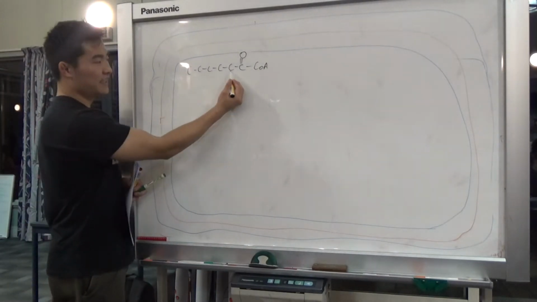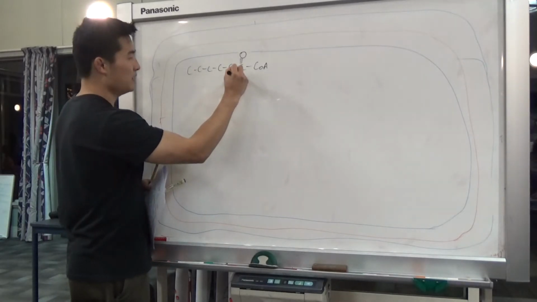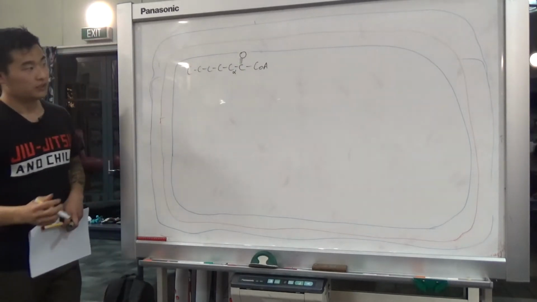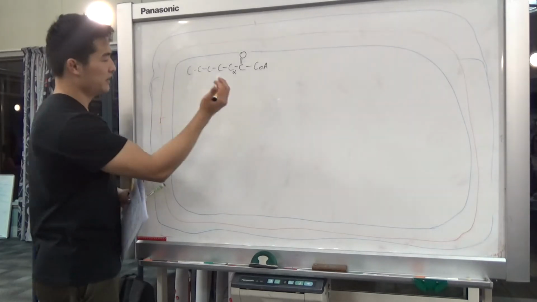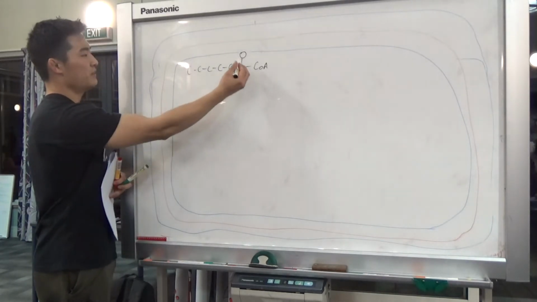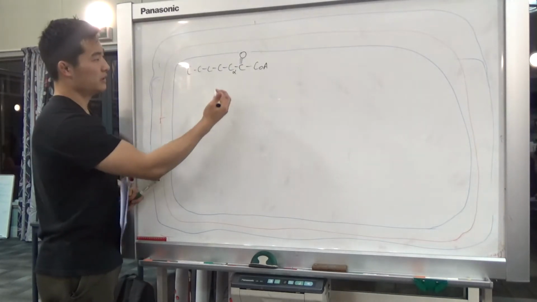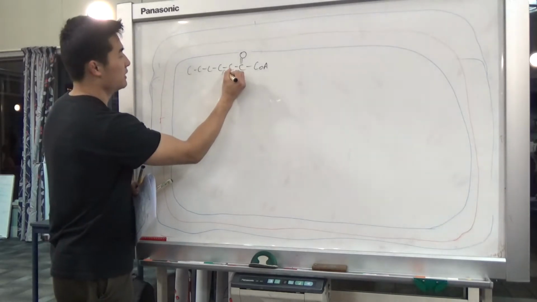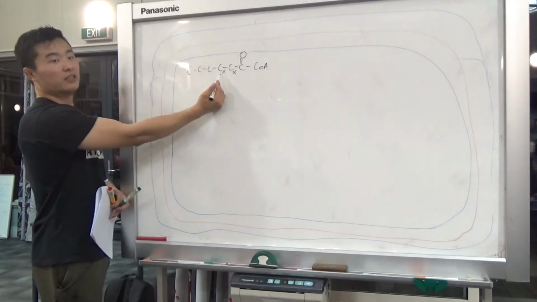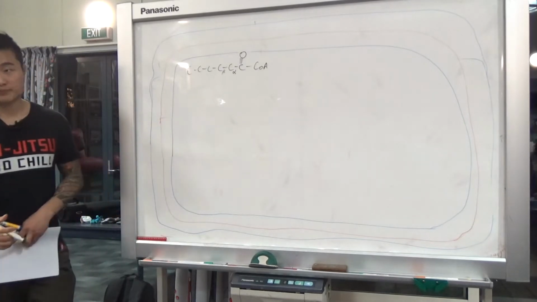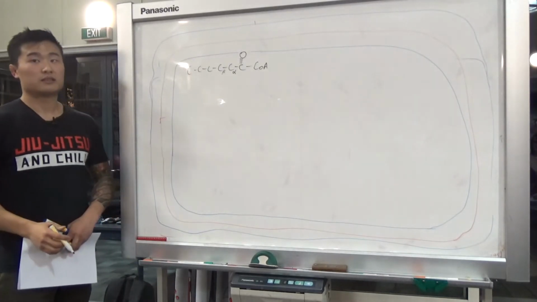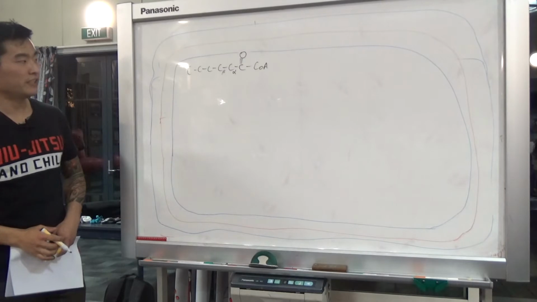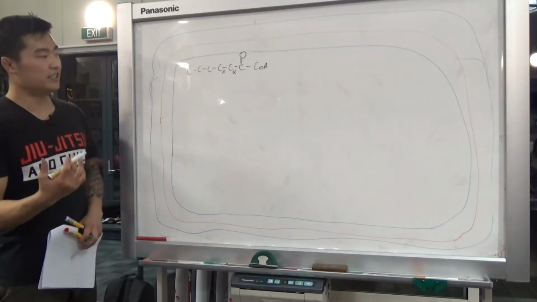And then the second carbon is our alpha carbon. Alpha is like the first carbon; we don't count this carbon. And then the third one will be the beta carbon. Okay. So I think now you can see why it's called beta oxidation.